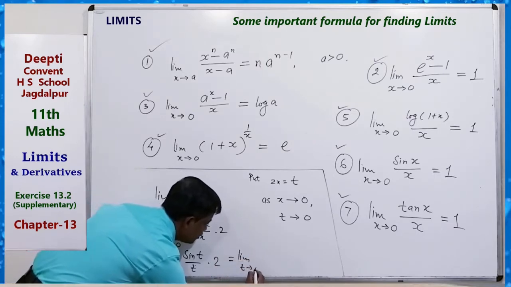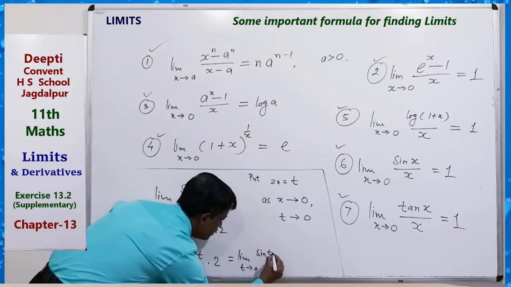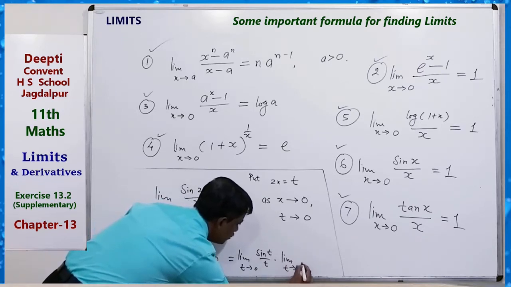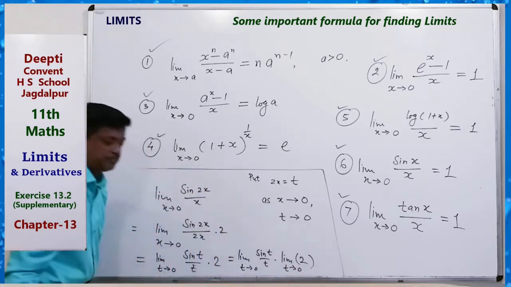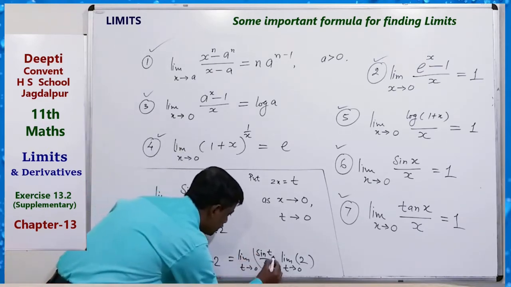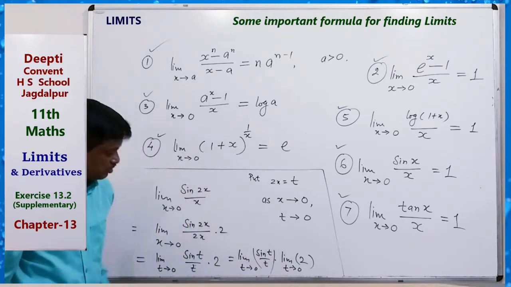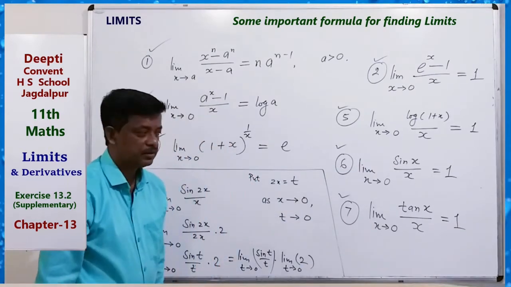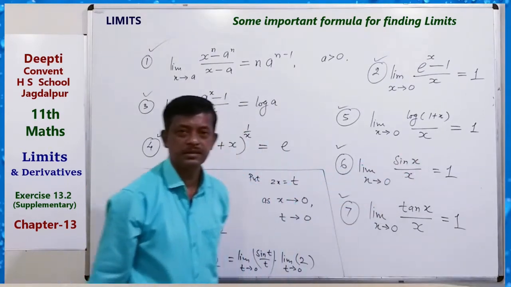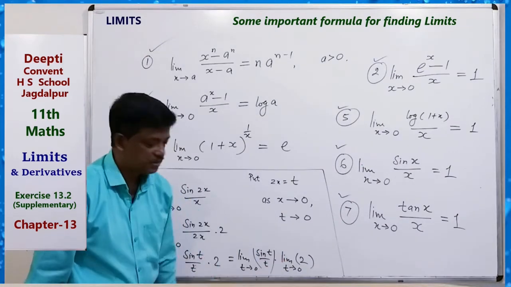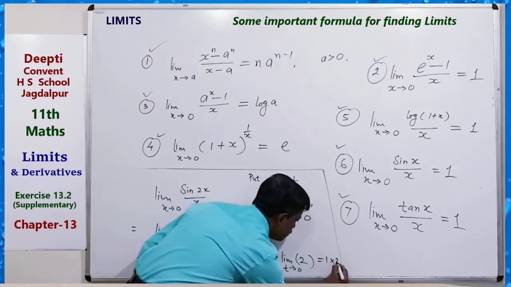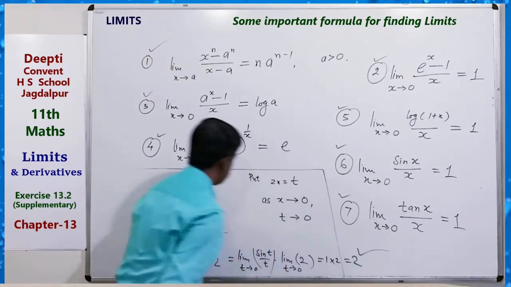Limit t tending to 0 of sin t upon t, times limit of 2, which is a constant. We know the first equals 1 by the formula, and 2 is constant. So this equals 1 into 2 equals 2. Its limit is 2.